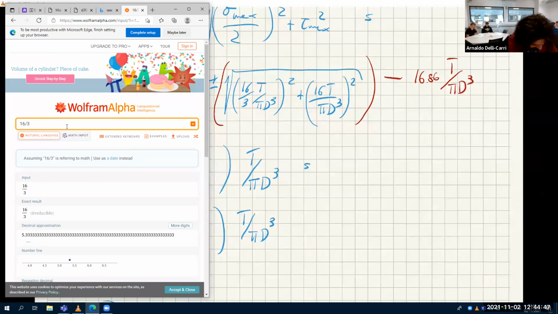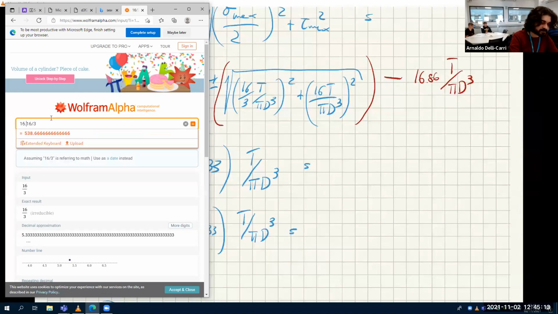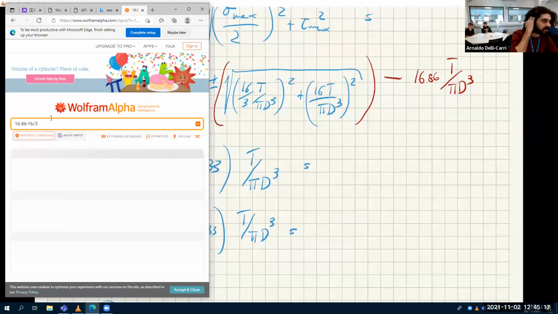And so I can say very easily that this one is 16.86 minus 5.33. And this one is minus 16.86 minus 5.33. So this one is 16.86 minus 16 divided by 3.